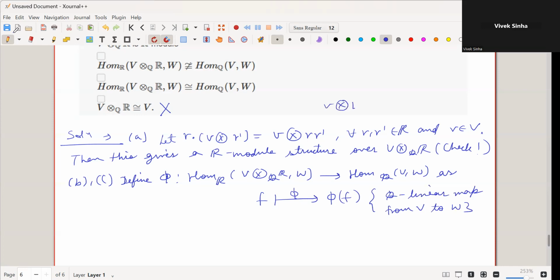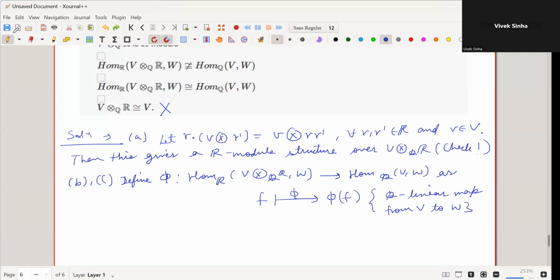Here the linearity is over the larger field, that is R, and there the linearity is over the smaller field, that is Q. So it is just a restriction. We just need to check the linearity over the smaller field, and all elements of V are already sitting here. So it would be just a restriction of this map, as an element of Hom over Q of V comma W. So that one side is easy to see.